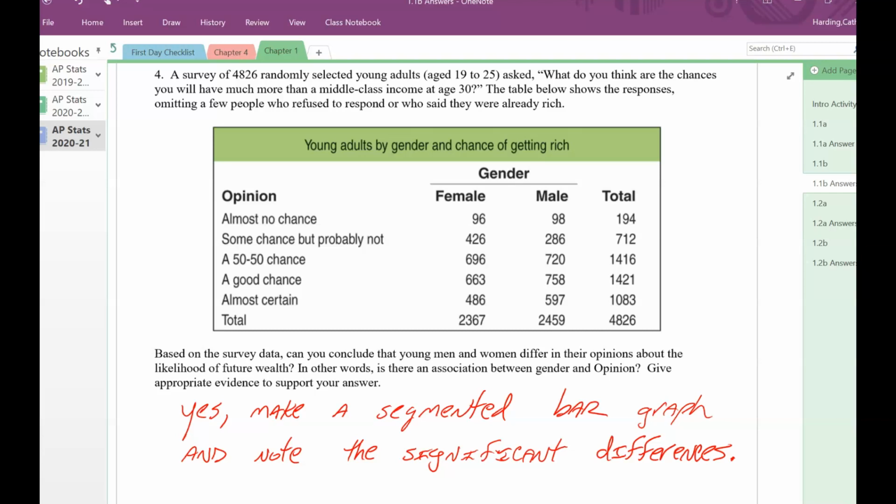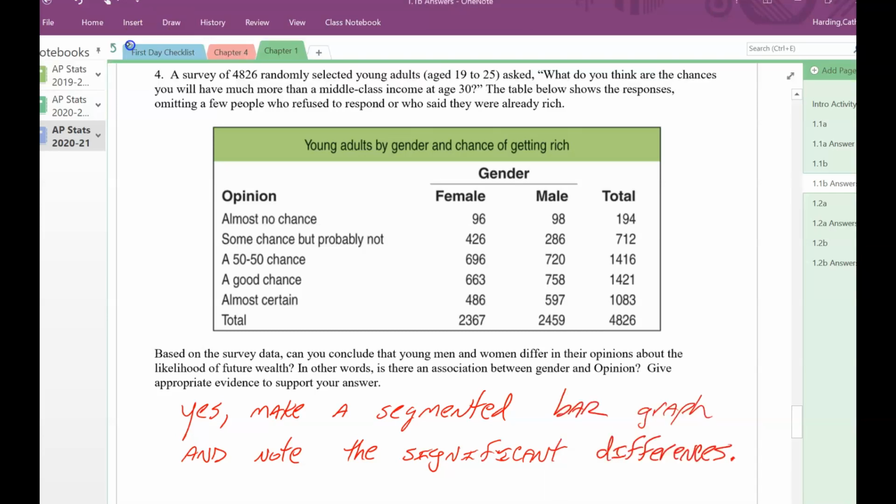But one way you would do this is through finding the conditional distribution for females, the conditional distribution for males, and then compare the segmented bar graphs. And I can just show you the one with the biggest difference here, which was those that responded some chance, but probably not. So 426 females responded that way out of 2,367.